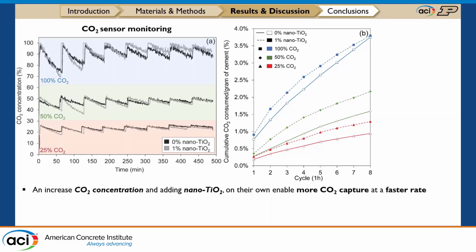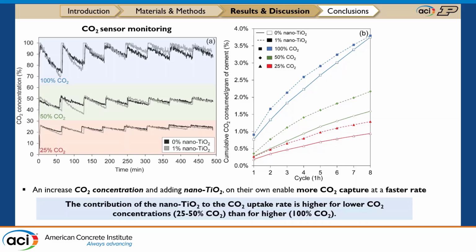As you can see, we do have an enhancement on the CO2 uptake rate when we increase the CO2 concentration and when we add the titanium dioxide nanoparticles. However, we see that the contribution of these nanoparticles is much higher when we're exposing these samples to lower CO2 concentrations compared to the samples that were exposed to higher CO2 concentrations.